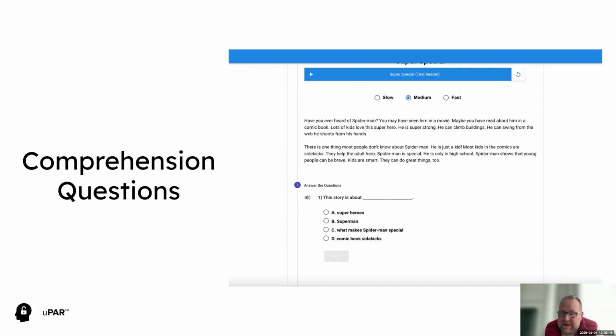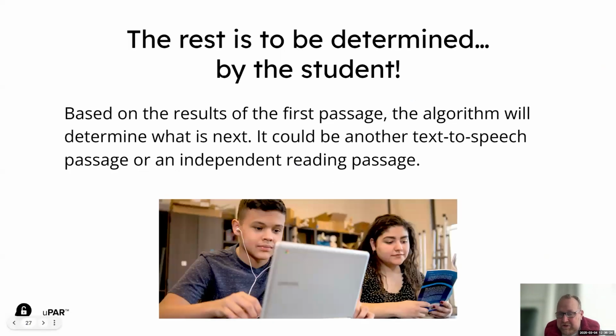Once the student finishes answering all of the comprehension questions, the next thing they're going to see is based upon the student. So I can have two fourth graders sitting right next to one another, and after that first page, what they see on the screen may look entirely different.